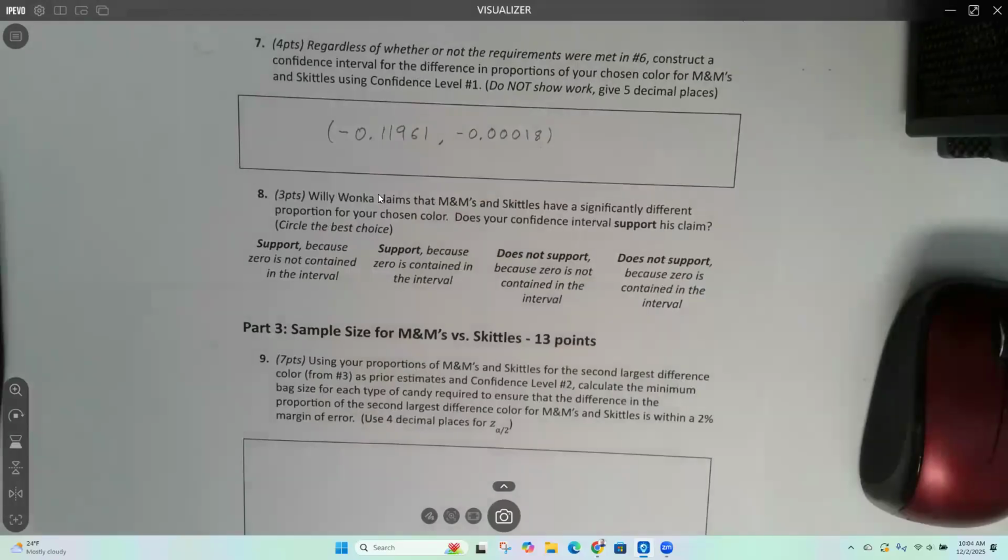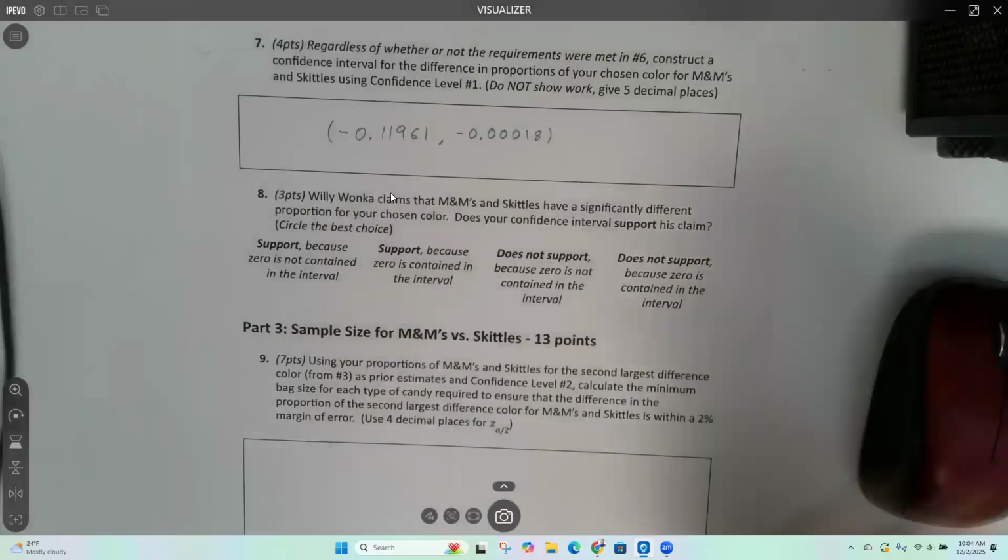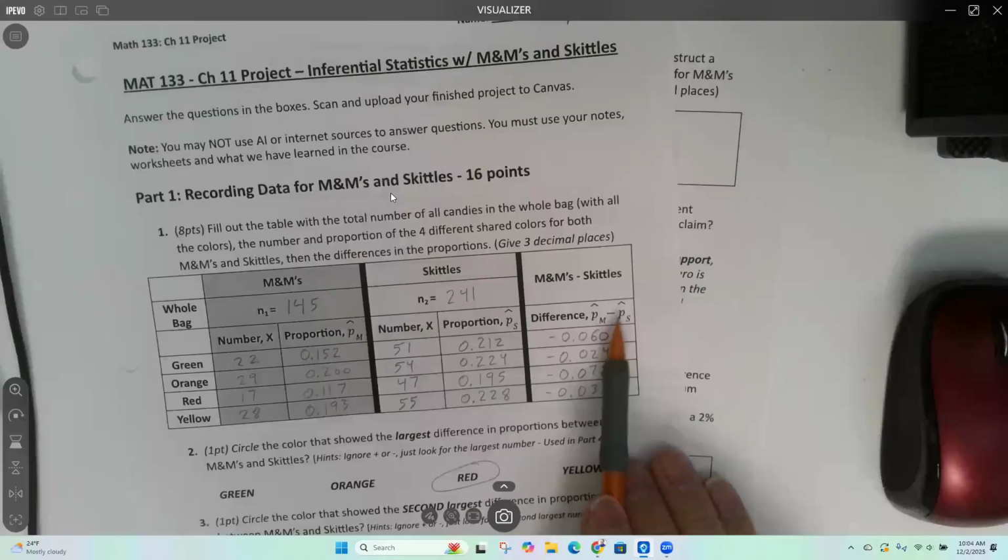Now, if the two proportions were the same, okay, so let's say the two vaccines were the same effectiveness, they're just as good as each other, then if I do the first proportion minus the second proportion, well, if they're the same effective rate, then all of these would be zero.